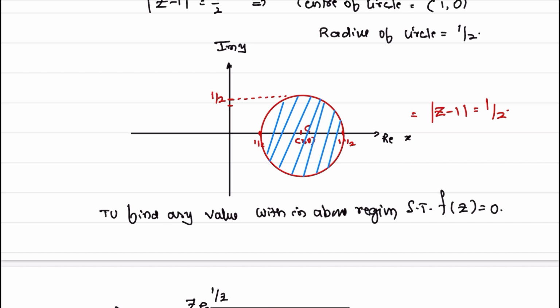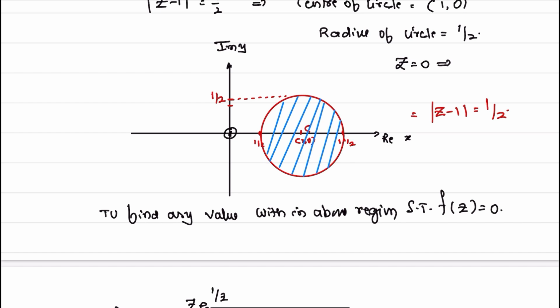Z is equal to 0 means X is equal to 0 and Y is equal to 0.